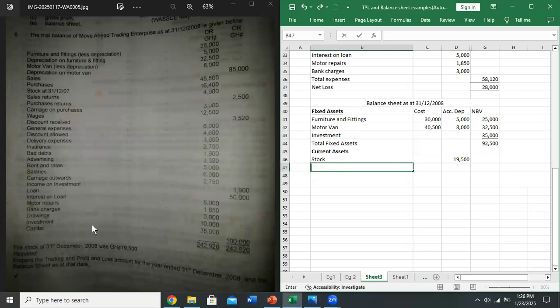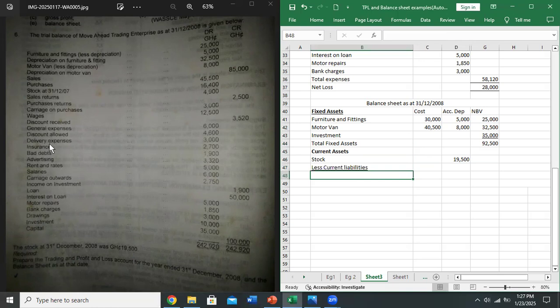There's no prepaid expense or accrued income. So we go to the bank and cash. Do we have bank and cash? No. So our current asset is only the stock, right? So you move on to less current liabilities. You don't need to bring the total because it's just a single item. So you go on to less your current liabilities, which will also be your creditors.